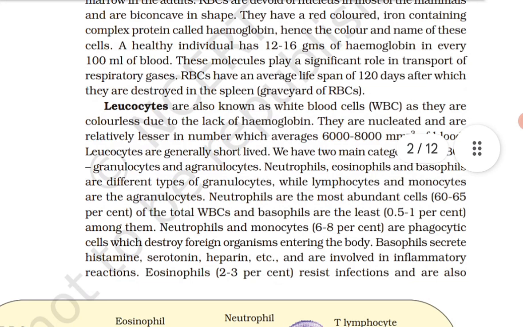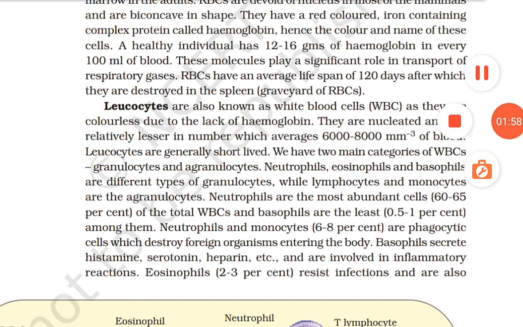They are nucleated and are relatively lesser in number, which averages 6,000 to 8,000 per mm³ of blood.